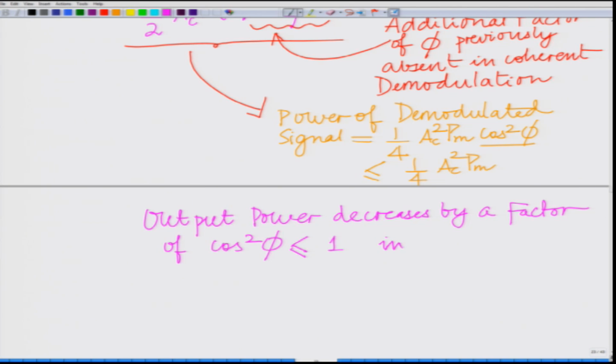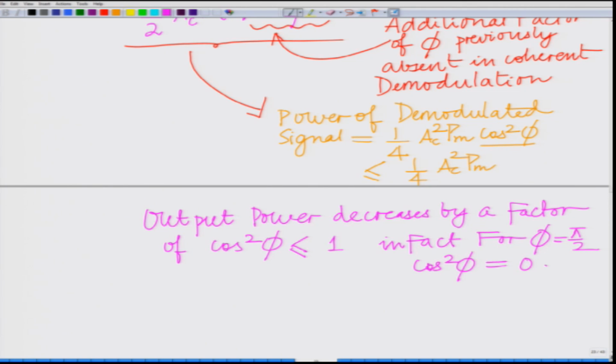In fact, for phi equal to pi by 2, cosine squared phi equals 0.